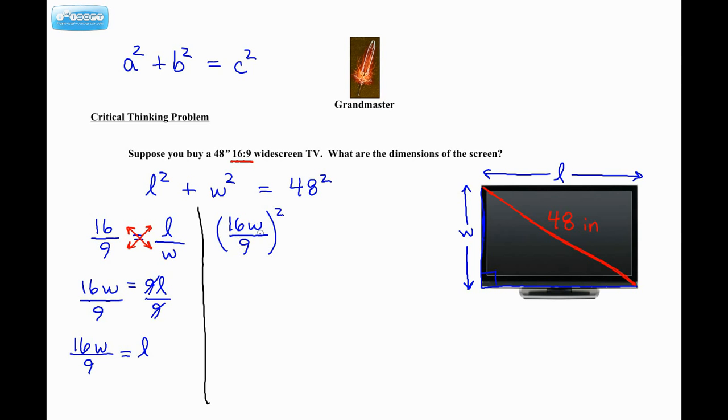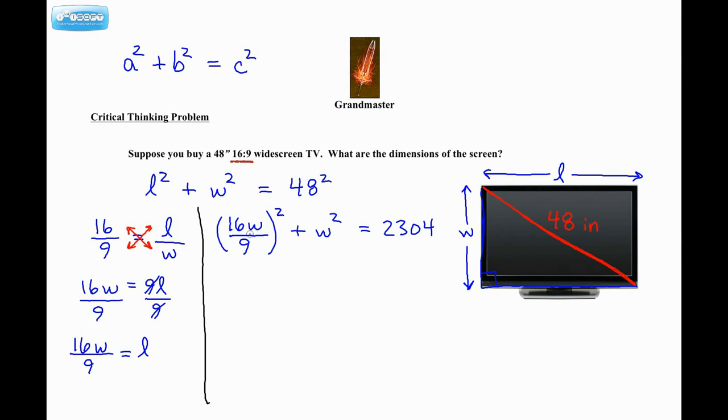Because remember, this is still L, according to this equation here. Plus w squared equals, and 48 squared, that's 2,304.